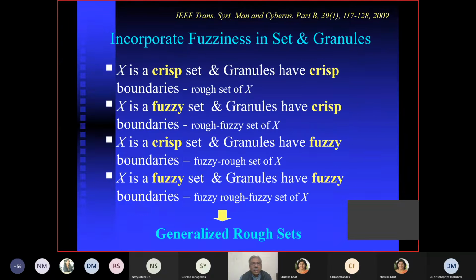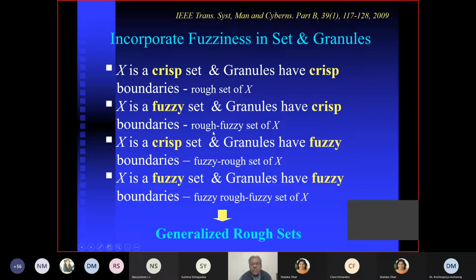Now I will show one by one. So the set is crisp, granules are crisp. I call it a rough set. That is the definition of Pawlak's rough set. Now let the set be fuzzy and granules crisp.